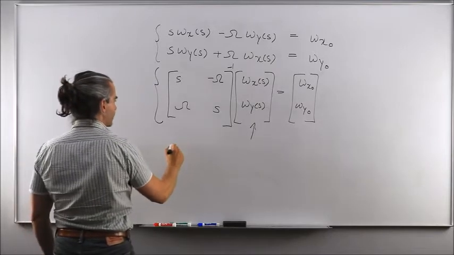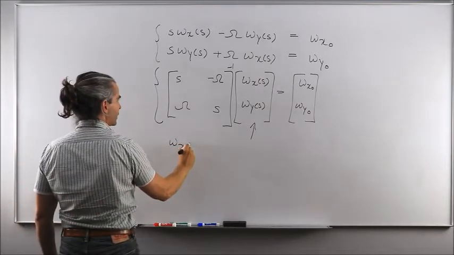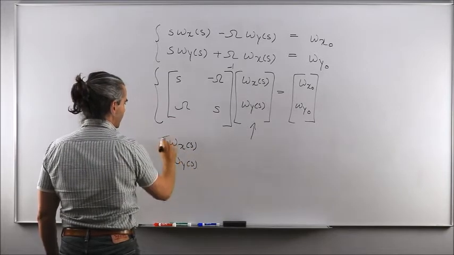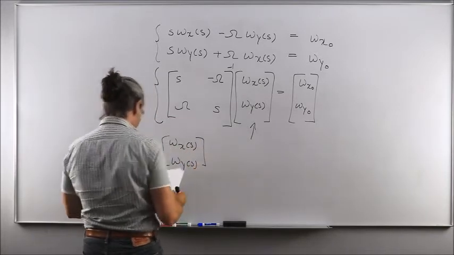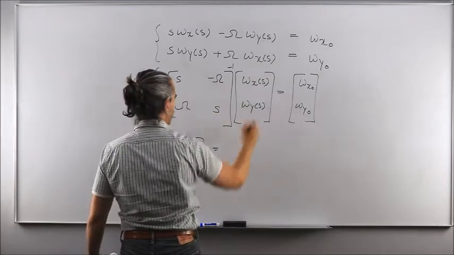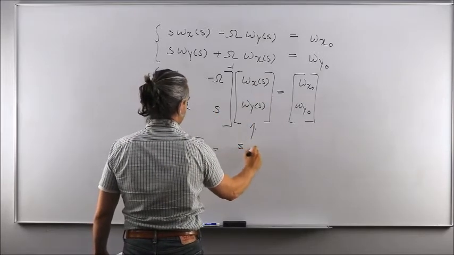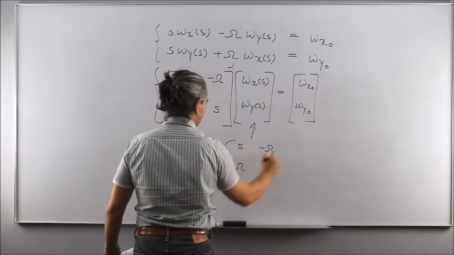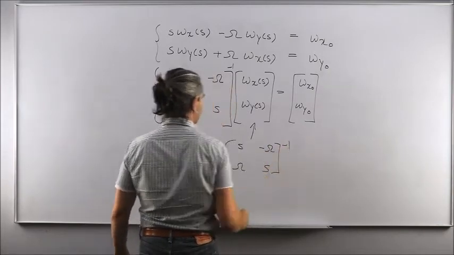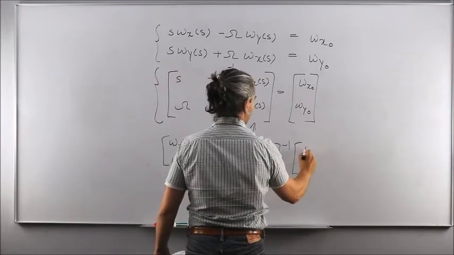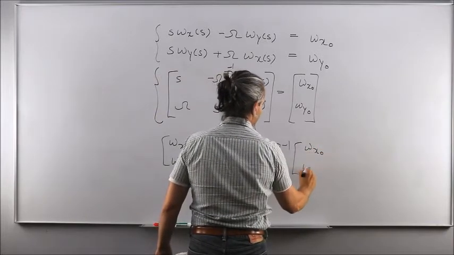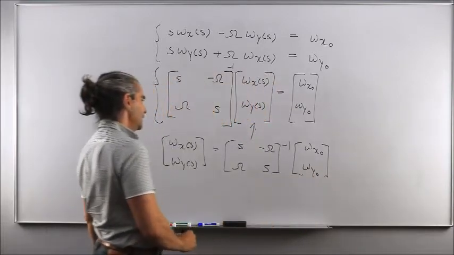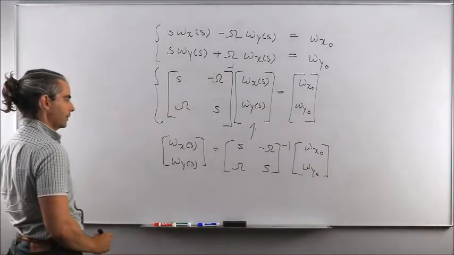So meaning that we're going to get then omega x, omega y in the S domain equal to the inverse on that side as well. So S minus relative spin rate S, inverse of this, times the initial conditions on both x and y angular velocity components seen in the body fixed reference frame.